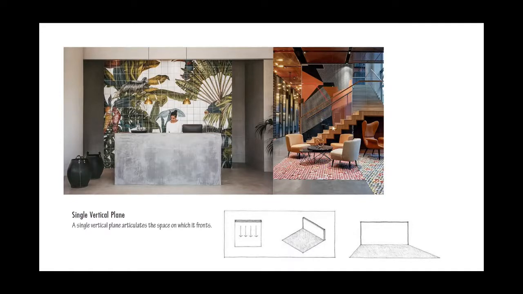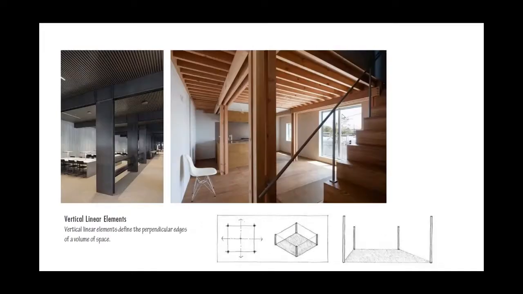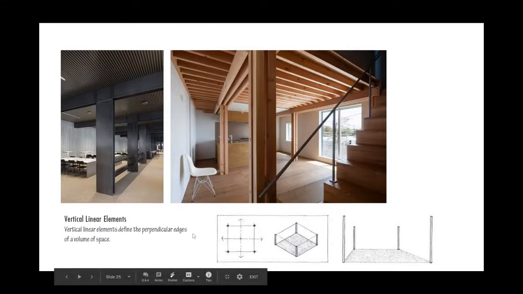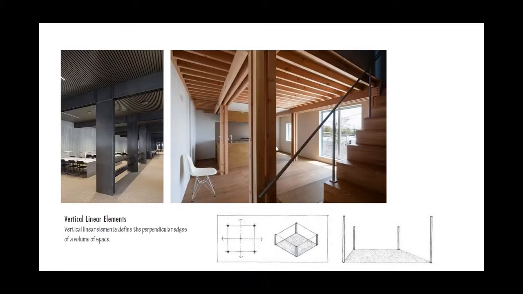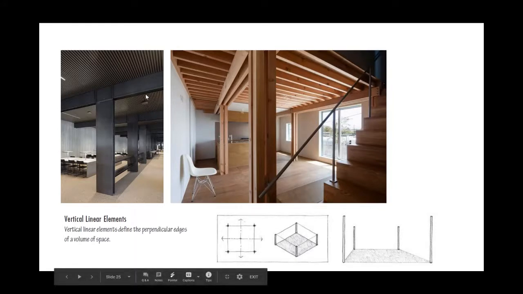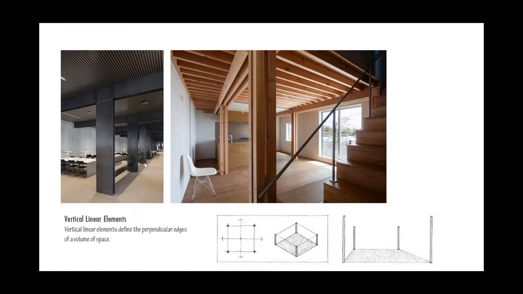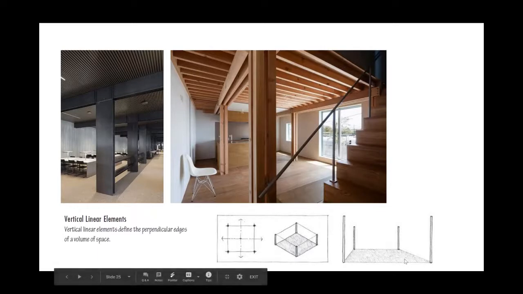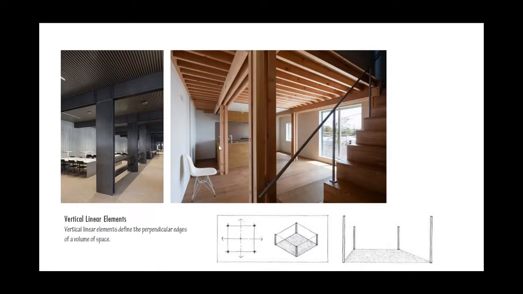With this one, it is placed on the back of a staircase. Then vertical linear elements define the perpendicular edges of a volume of space. This is very prominent in structural buildings. If you strip off all the walls in a building, you see the structural support. These are repetitions of vertical elements that could be accentuated design for any space.